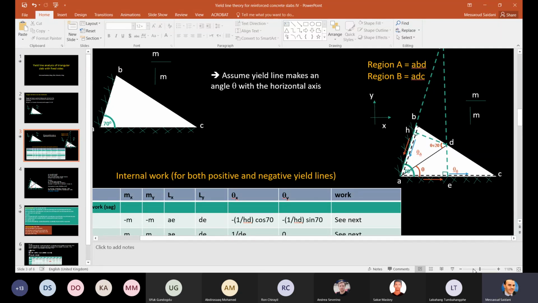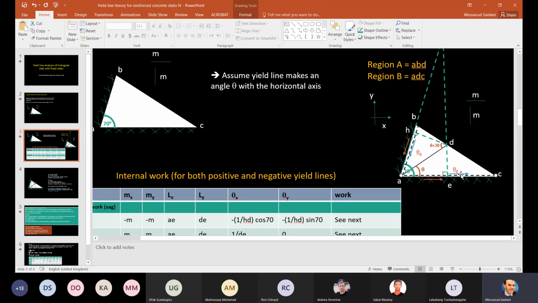Is that clear, everyone, please? Do you understand negative and positive yield lines? Okay, so the rest is the same as last week. We have got the moments.